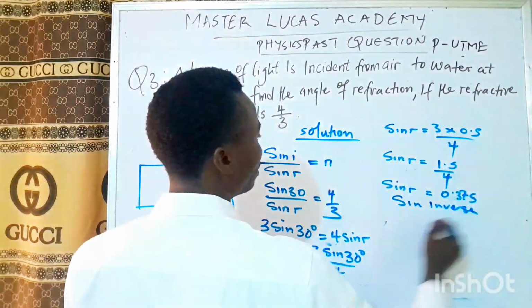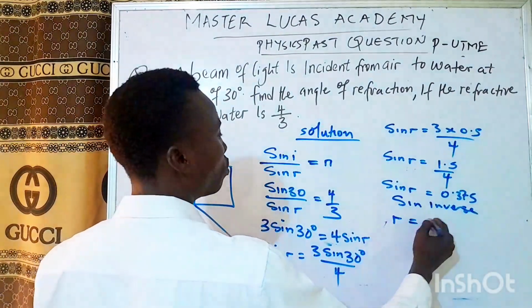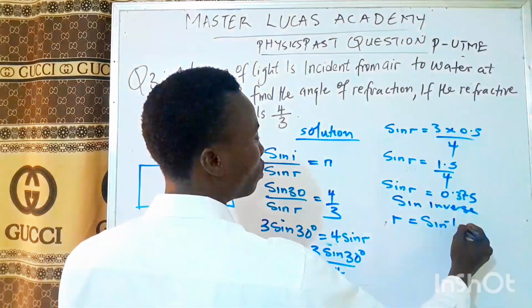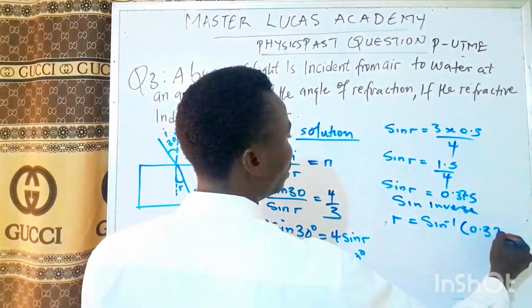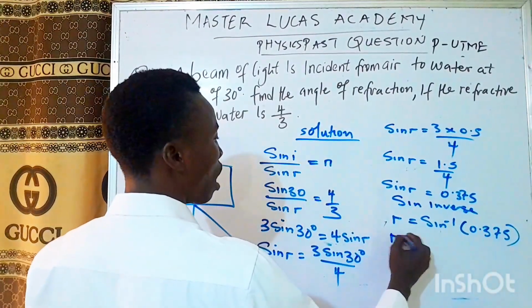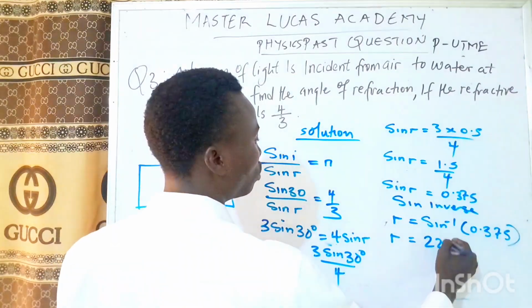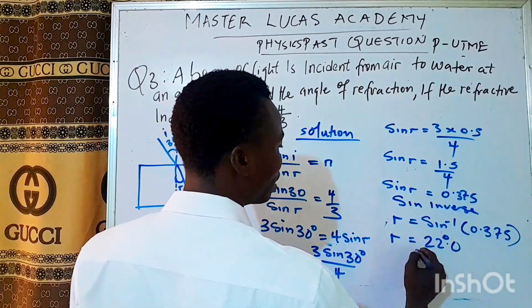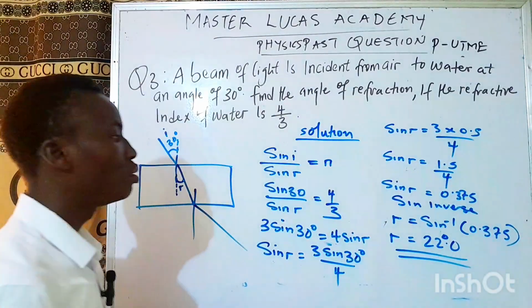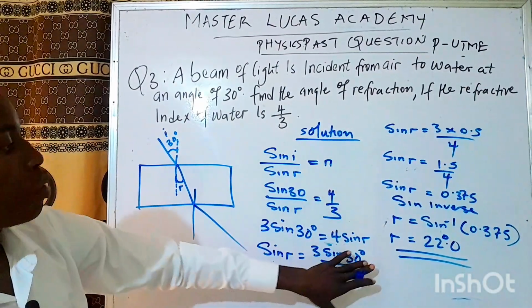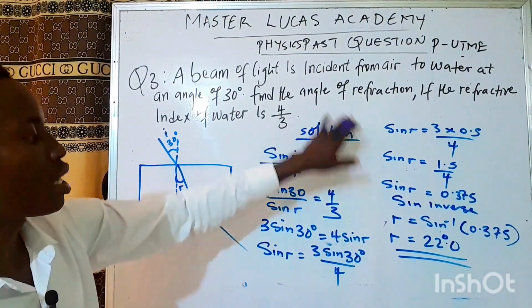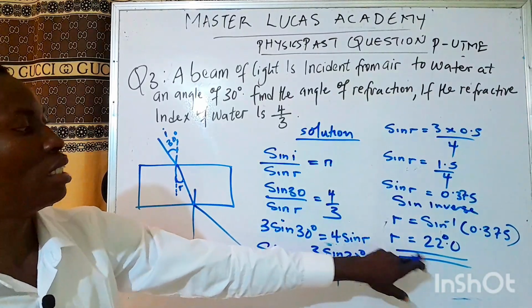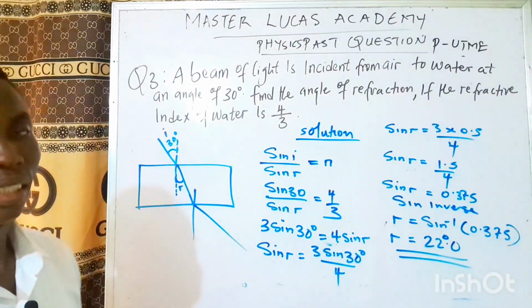So r equals sine inverse of 0.375. So r now is equivalent to 22.02 degrees. That is what we are going to have there. So that means the angle of refraction in the question is 22 degrees.